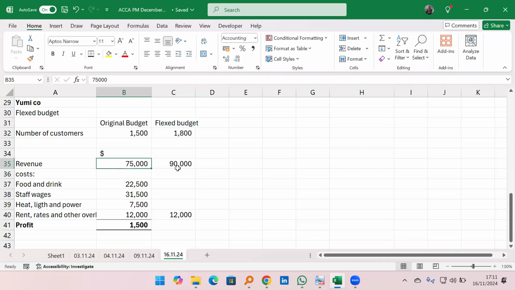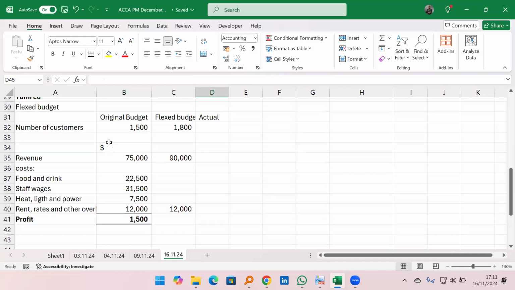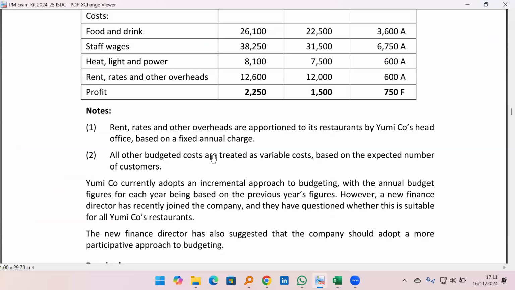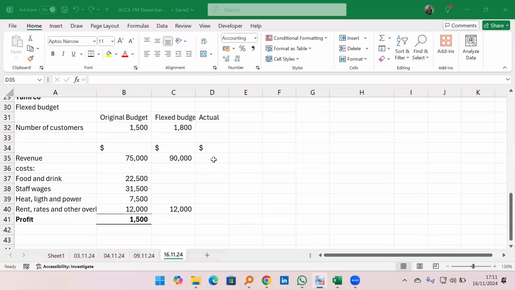So it makes sense for you to now compare this flexed budget with the actual, because now you are comparing similar activity levels. And the actual one was 87,300.